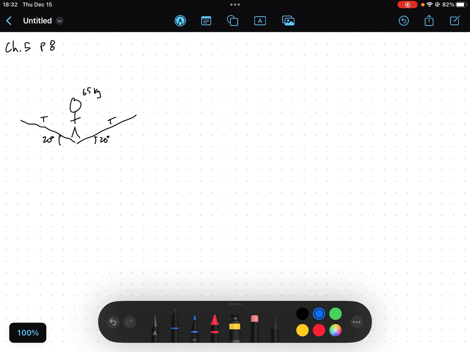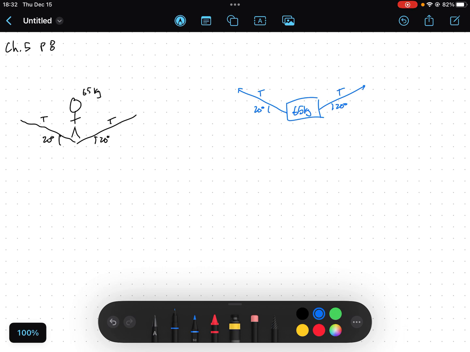So just like we've done in previous problems, we're going to start with a free body diagram. So we'll draw a free body diagram. In this case, the object that we're looking at is the person. It has a mass of 65 kilograms. There's a tension force up and to the right at a 20-degree angle, and a tension force up and to the left at a 20-degree angle.